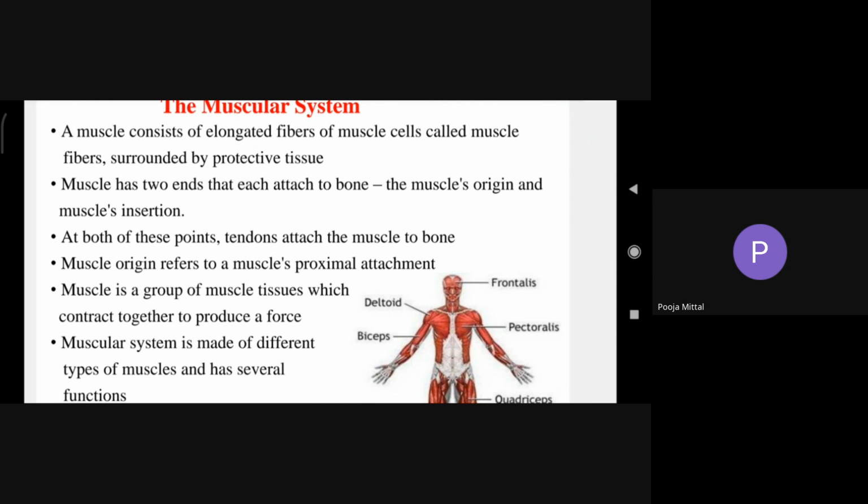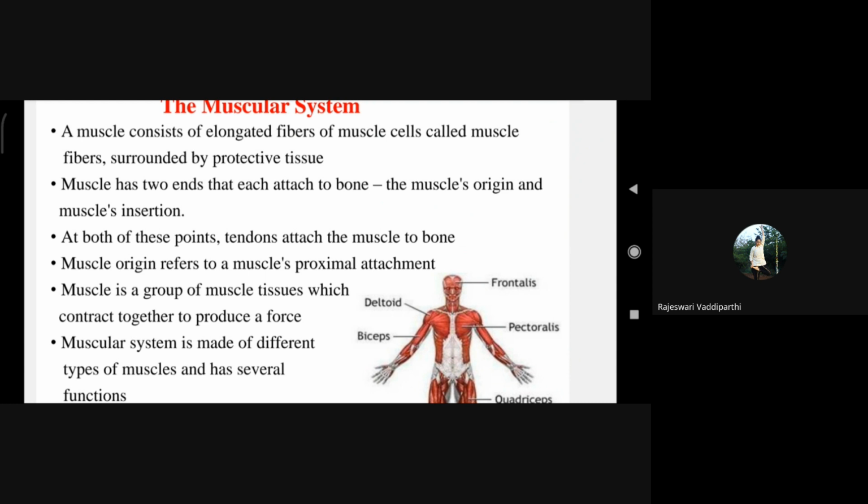Is it clear? Yes, ma'am. Okay. So each single muscle cell is known as a muscle fiber, and each muscle fiber is also protected by a protective tissue.